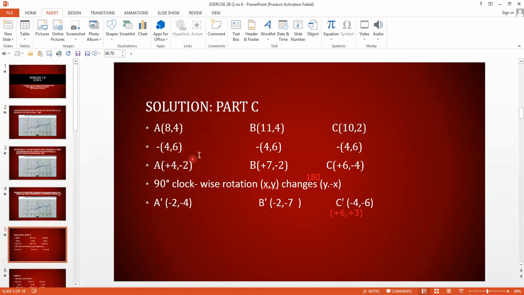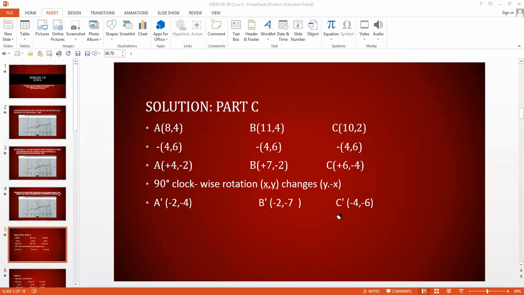Always remember, we have to keep in mind 3 things while mapping any given point. First of all, we have to subtract the given point. Why do we have to subtract the given point from these coordinates? Very good. I already told you why we have to subtract.